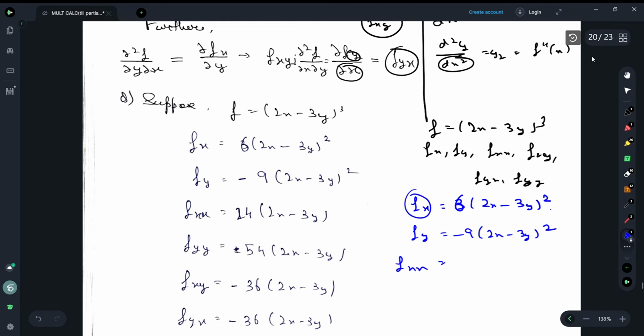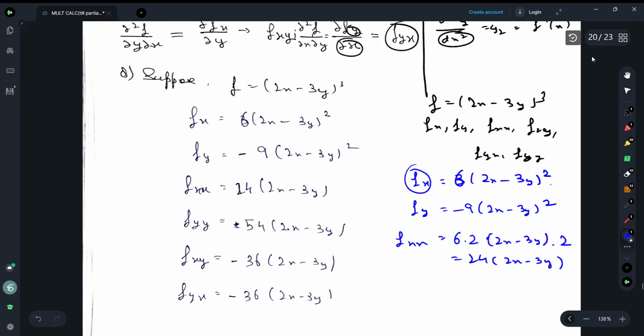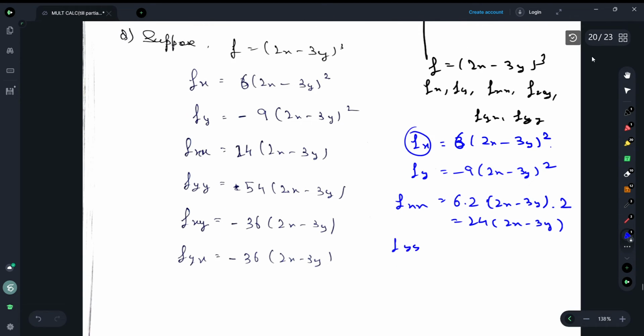Now fxx. Fxx is differentiating fx with respect to x. So differentiating this with respect to x, you get 6 times 2 times (2x minus 3y) times the differentiation of inside with respect to x, which gives you 2. That is 24 times (2x minus 3y). Similarly, fyy is basically equal to minus 9 into 2 into (2x minus 3y) into minus 3. Fxy is differentiating fx with respect to y.